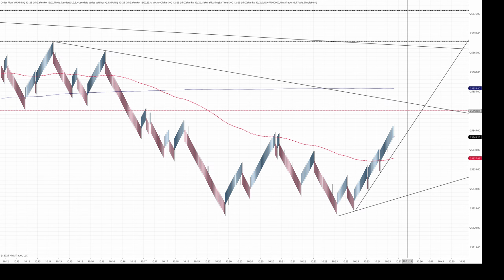If we go back up to 50 and fail, we still have this trend line that's in the way. Depends on where it fails.